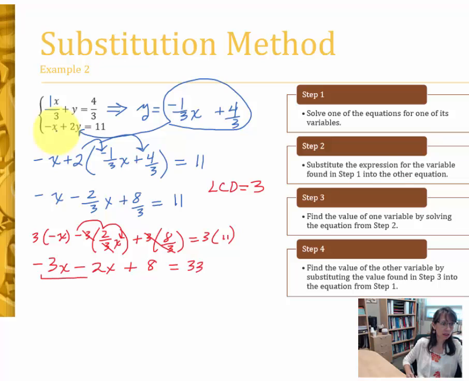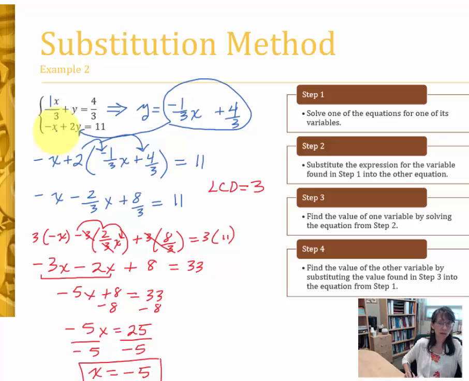When I collect these like terms, I'll have minus 5x plus 8 equals 33. And now all we have to do is isolate x. Subtraction of 8 leaves us negative 5x equals positive 25. Our final step is to divide each side of this equation by negative 5. So the x value is now equal to negative 5.